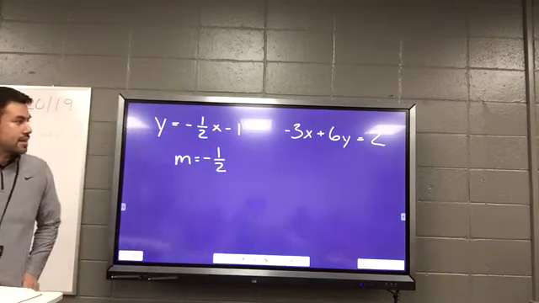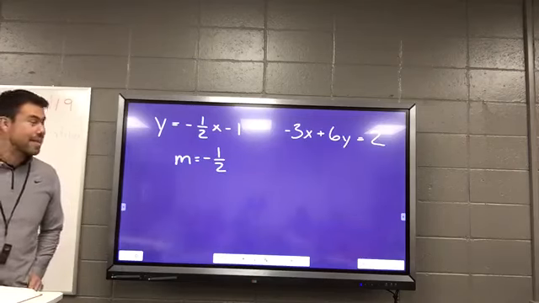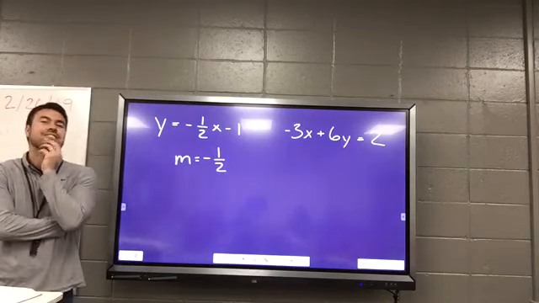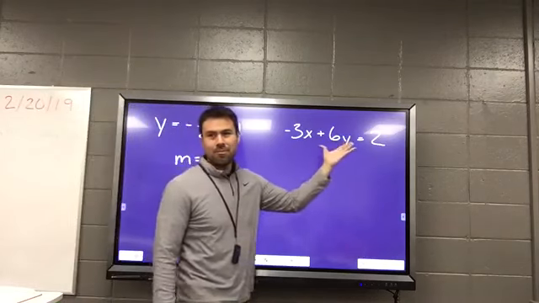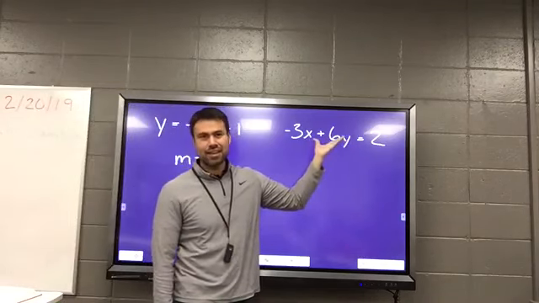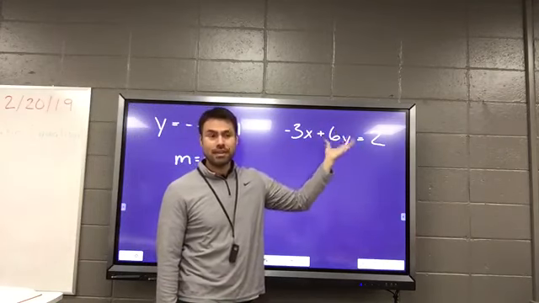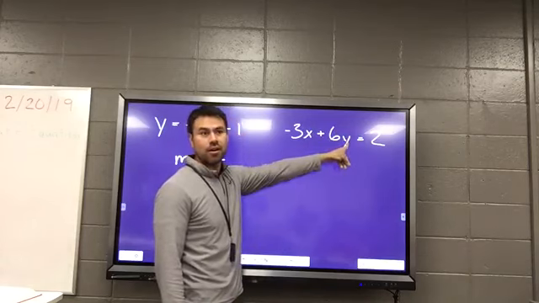Okay, the second equation. Hagen, is that written in any form? It's in standard form. But is that the form I want it in? I want it in slope-intercept form.